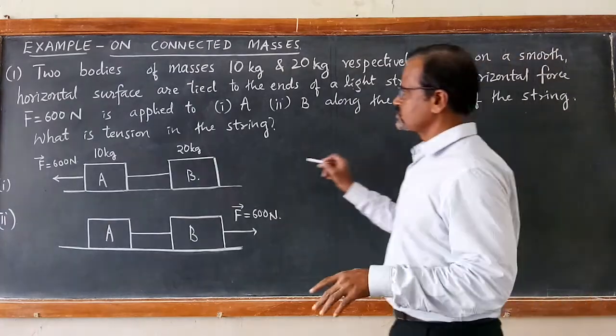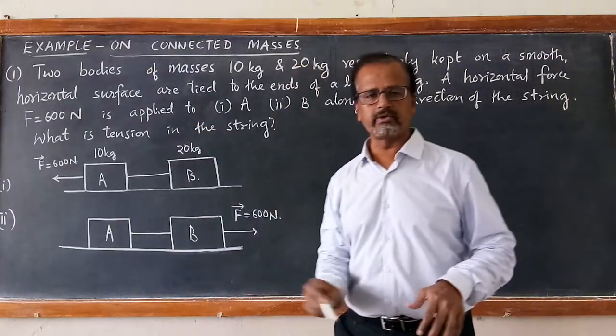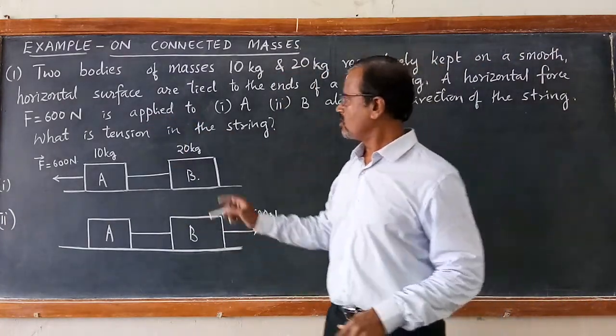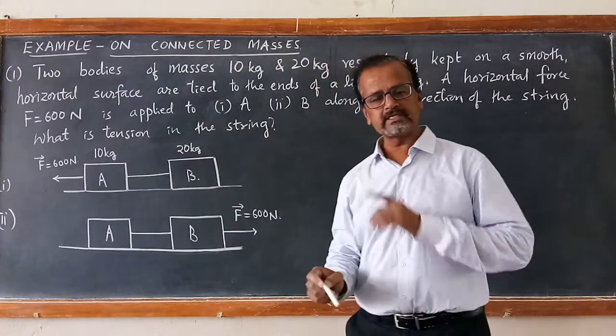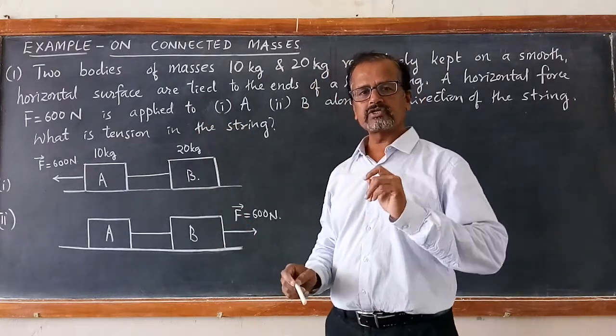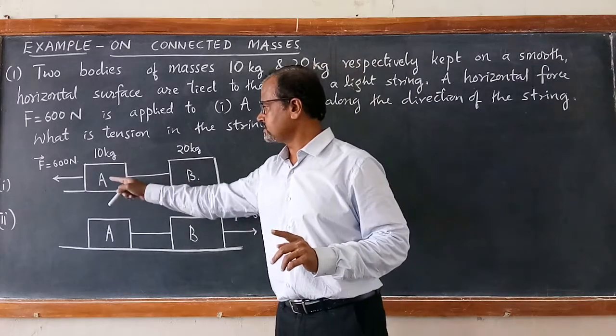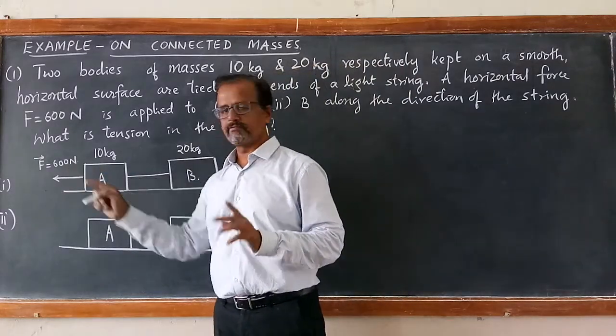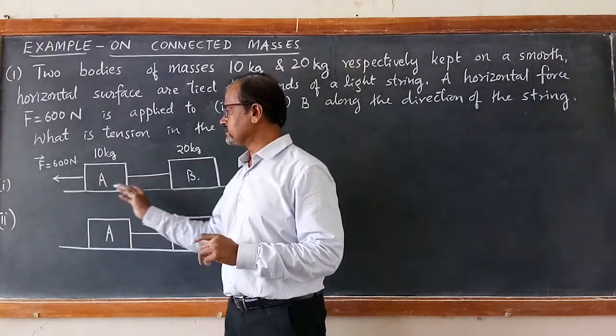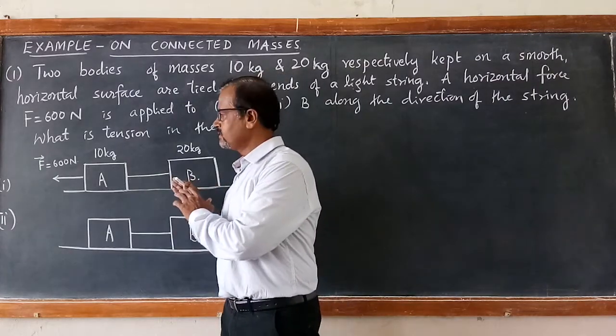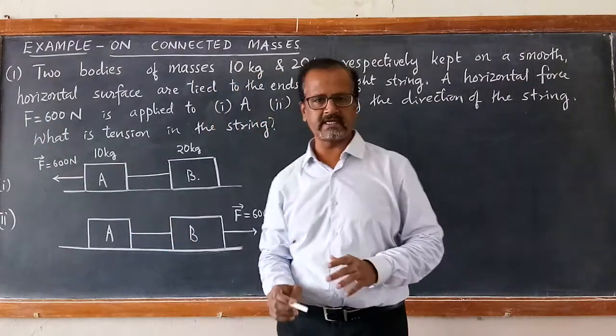A horizontal force of 600 Newton is first applied at the end of A in the direction of the string, so that A and B connected together are pulled towards the left side.